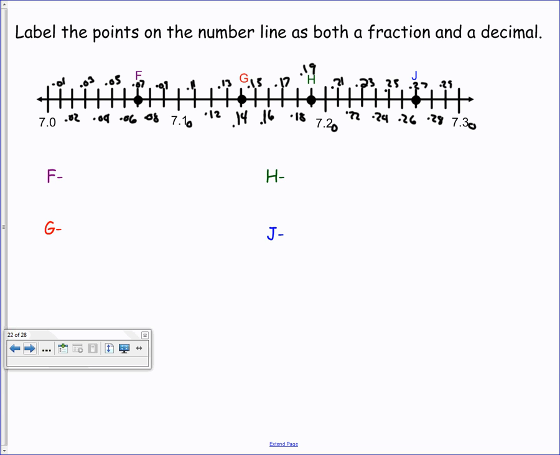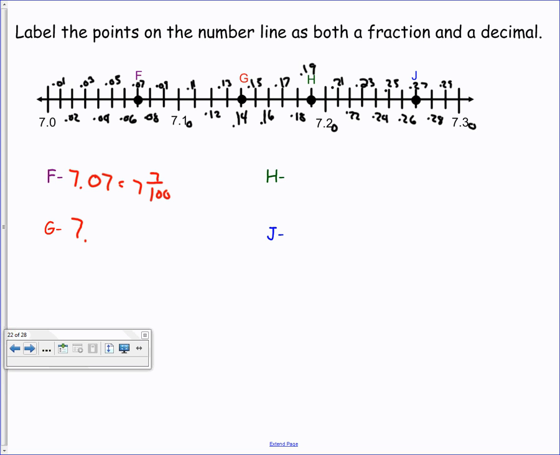So F would be labeled as 7 and 7 hundredths. G would be at 7, and it looks like, gosh, it's a little messy there.